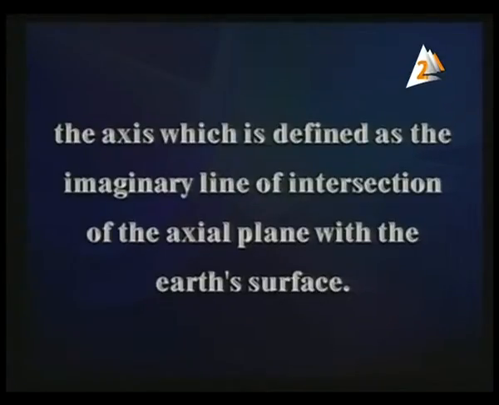It's very important to notice if the axial plane is normal to the earth's surface, or inclined, or recumbent, and also it's very important to note whether the axis is parallel to the earth's surface or inclined to the earth's surface. We get different types of folds from changing only the axial plane and the axis.